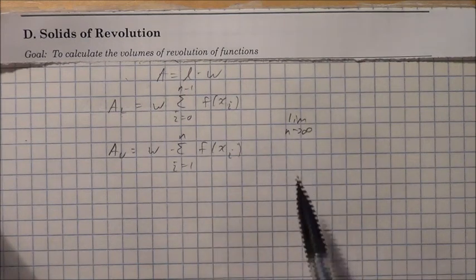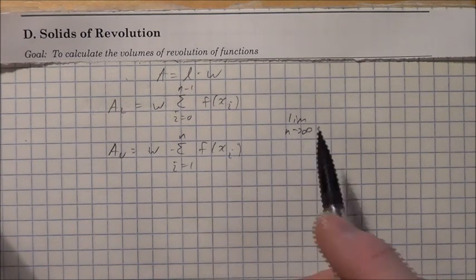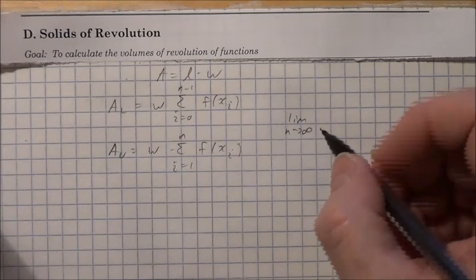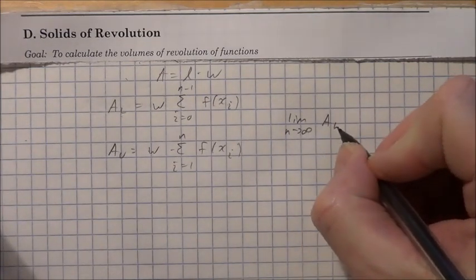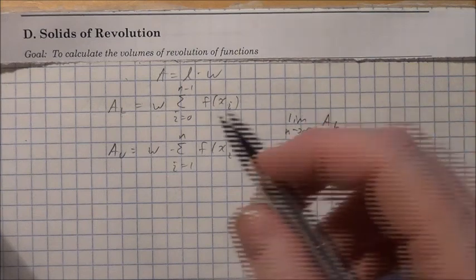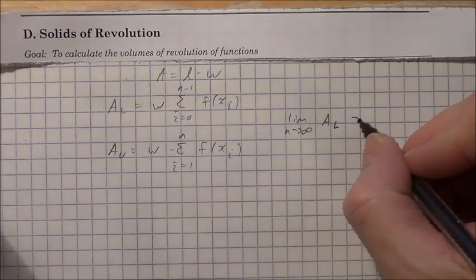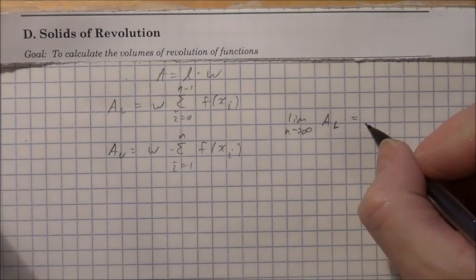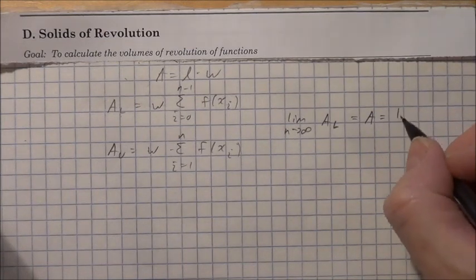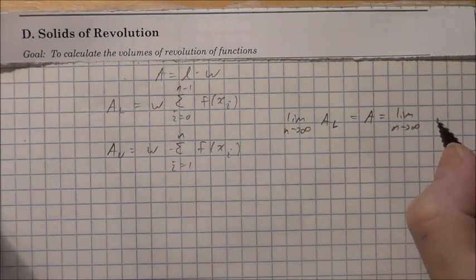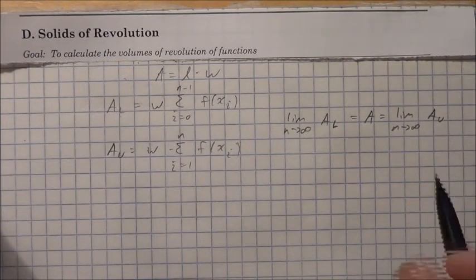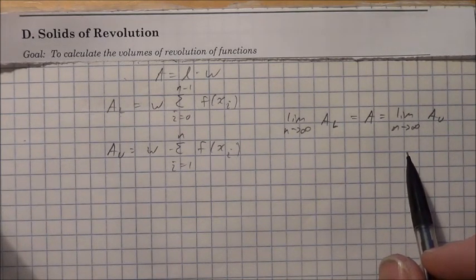as we increase the number of those rectangular strips, we narrowed down the width of each of those. So the limit as n approached infinity of the sum of all those rectangular strips for the lower rectangles ended up being equal to the actual area, which was equal to the limit of the area of the upper rectangles.